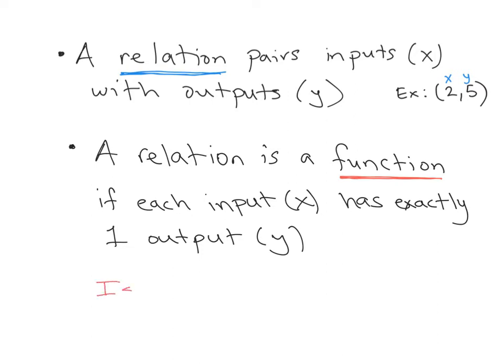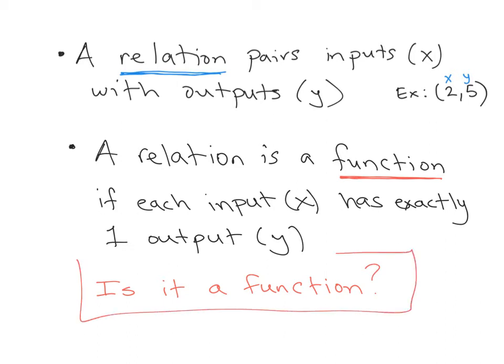Our big question is: is it a function? On the next few screens, that's going to be our question for pretty much every problem in this section. And the way we're going to know the answer is if each input x has exactly one output y.